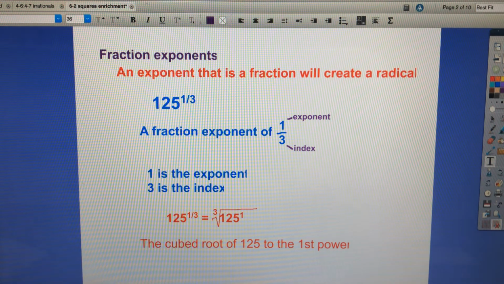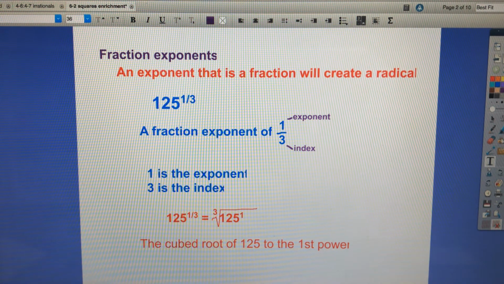An exponent that is a fraction will create a radical. 125 to the 1/3 power. A fraction exponent of 1/3. 1 is going to be the exponent inside the radical. The denominator 3 is your index.